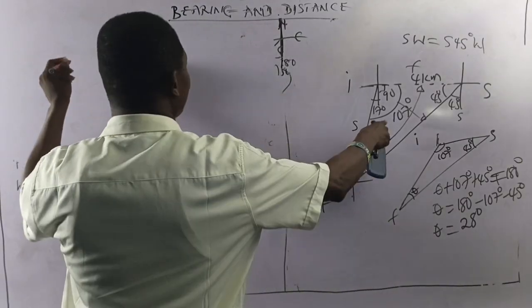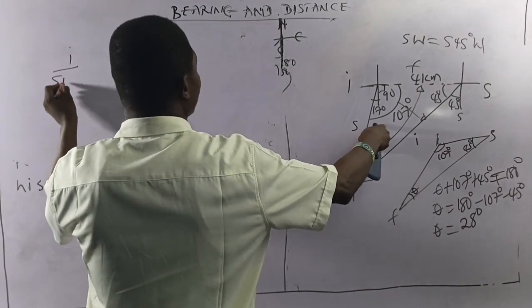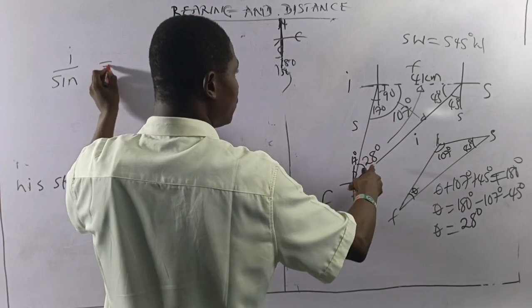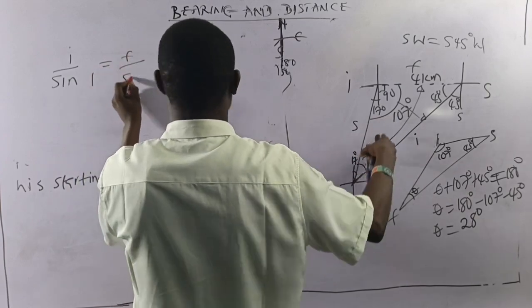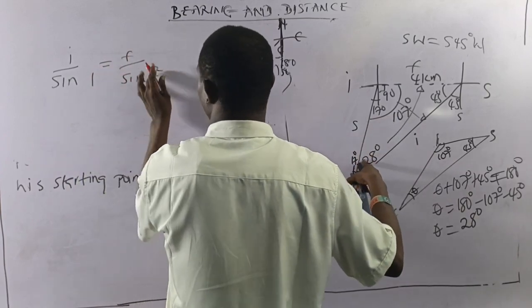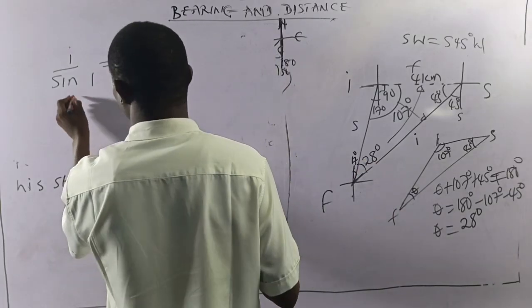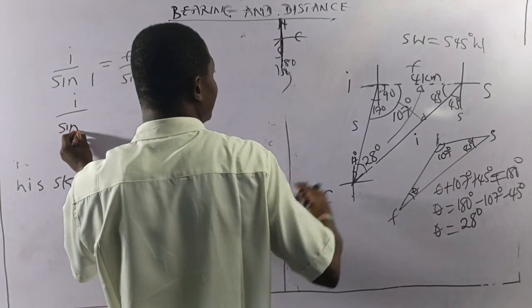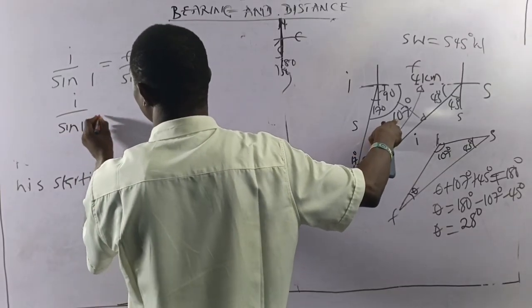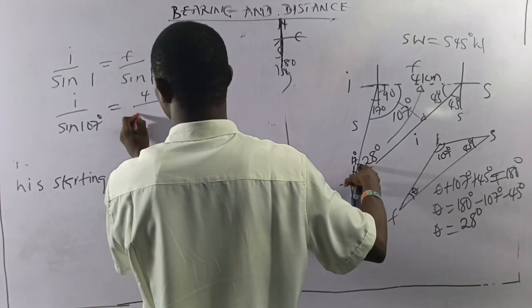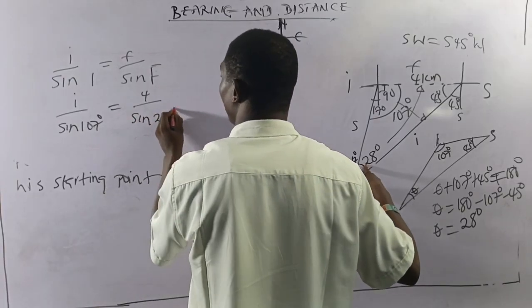So from the sine rule, I over sine capital I equals F over sine capital F. Now my I is what I'm looking for. Small letter I over sine of angle I, which is 107 degrees, equals F, where F is 4, over sine F, sine 28 degrees.